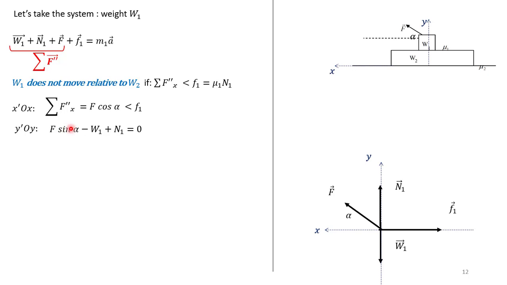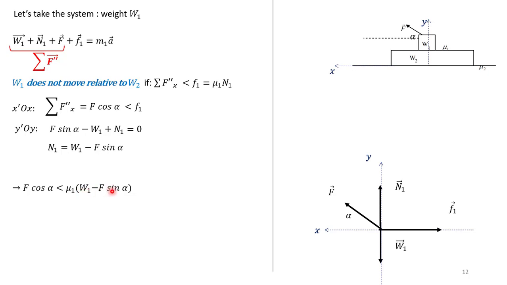So we have F sine alpha minus W1 plus N1 equals 0. We need to find N1, so N1 is equal to W1 minus F sine alpha. And this will give us that F cosine alpha is smaller than F1, so smaller than mu1 N1.